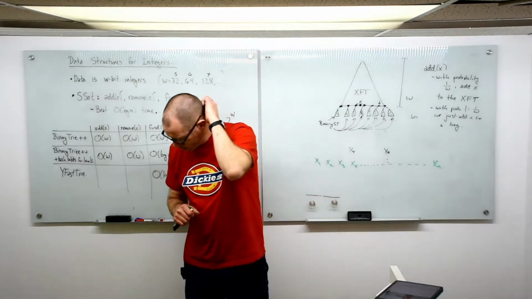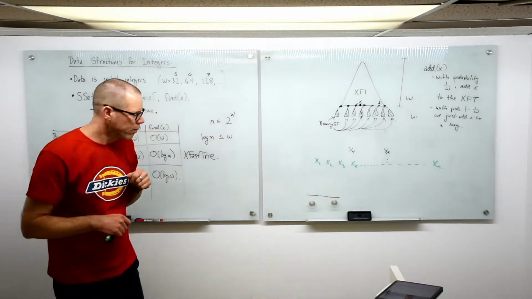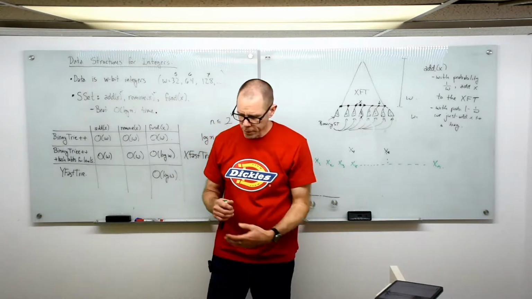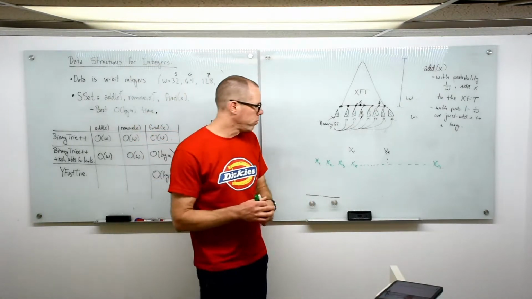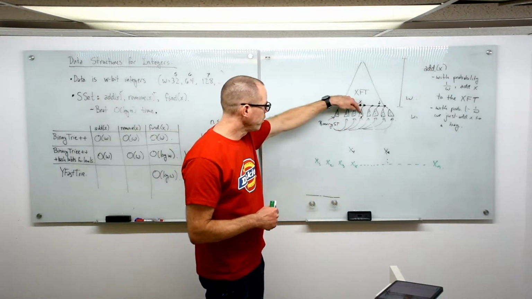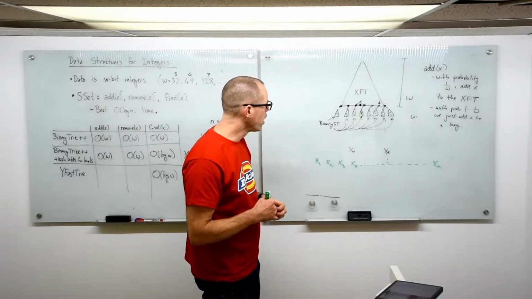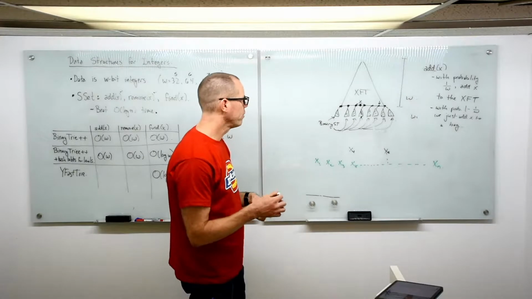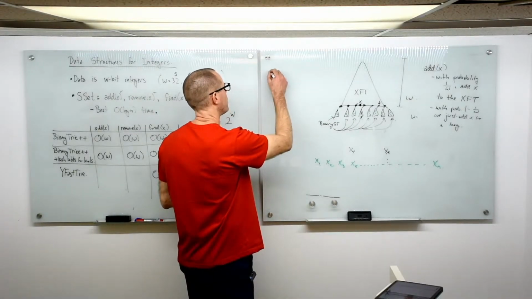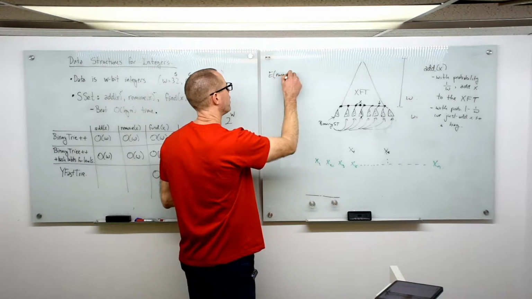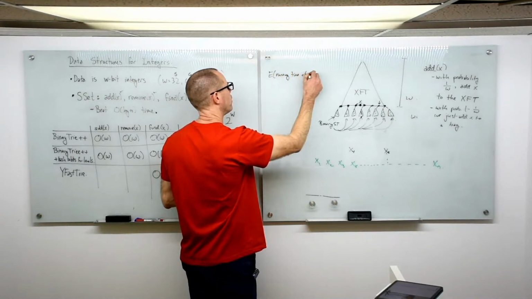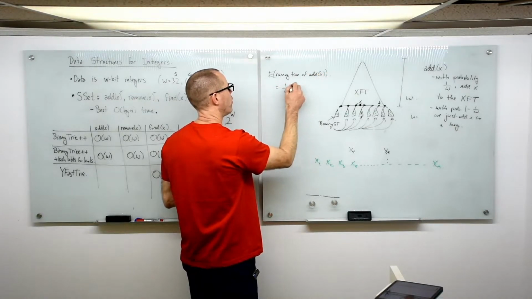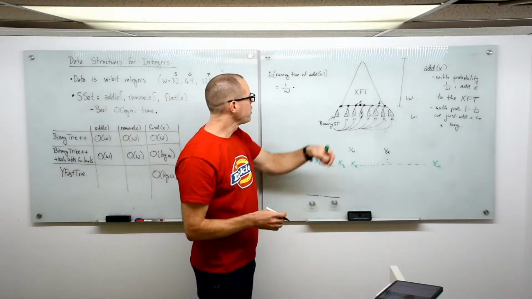So that says when I go to one of these bags, its expected size is W. So good, that means I can add or remove from that bag in log W time. And now if I look at how long it takes to, let's say, add, so the expected running time of add: well, with probability 1 over W, I have to add to the XFast tree.